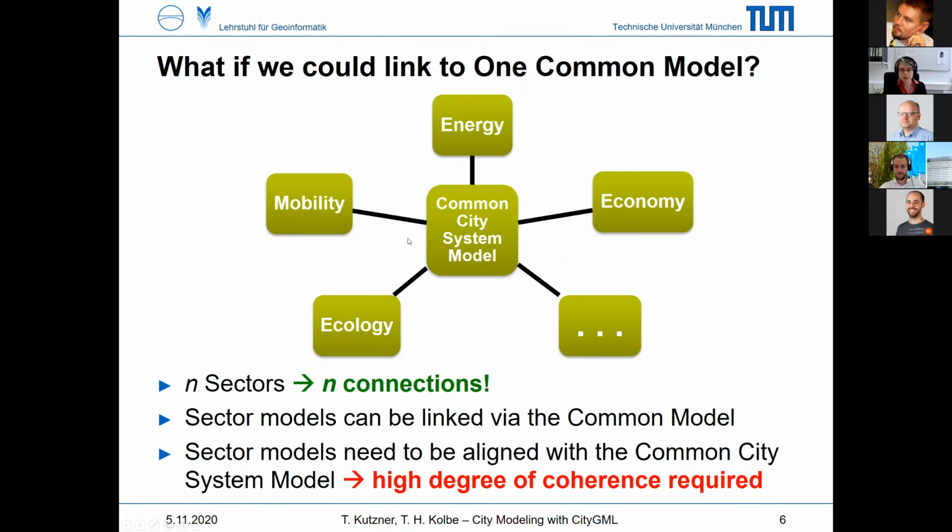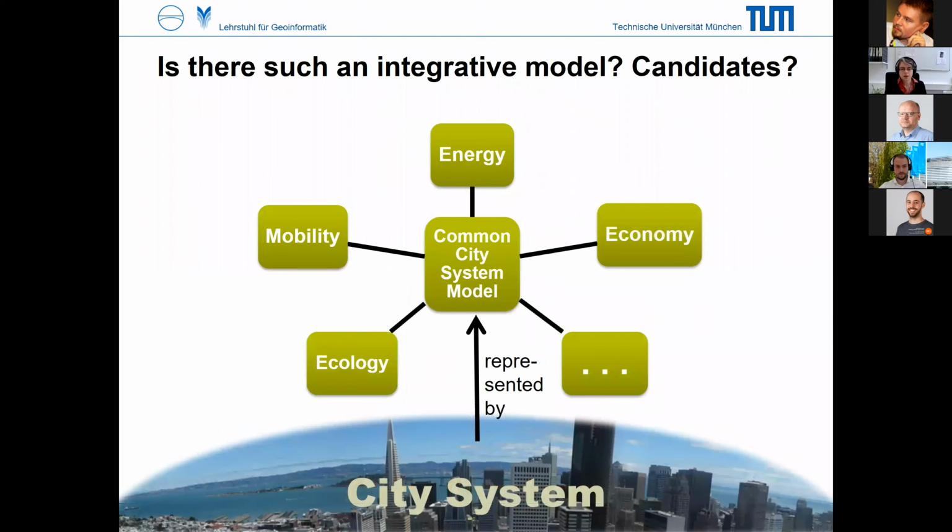However, to be able to align the individual sectors with the common city system model, you need a high degree of coherence between all the individual models so that you really can make use of all the individual information in the sectors within your city system model. And then when you have this common model, your city system can easily be represented by it.